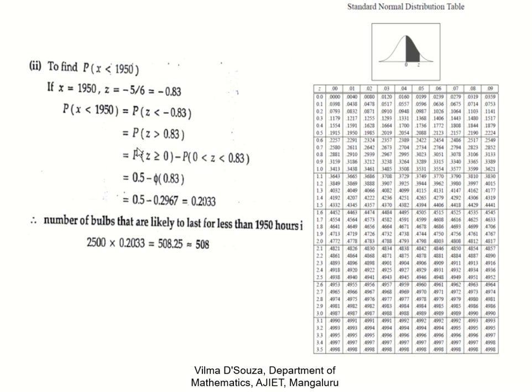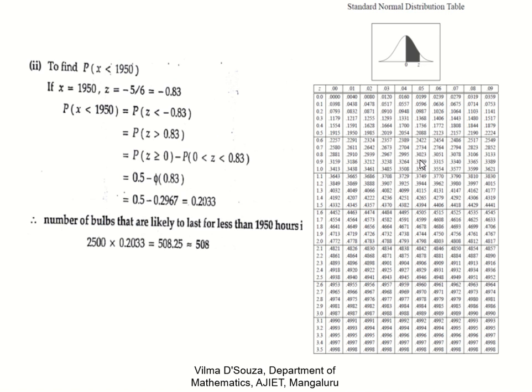Right? And this is 0.5. Probability of z greater than or equal to 0 is 0.5, as you already know. And probability of z from 0 to 0.83 can be denoted as phi of 0.83. So 0.5 minus phi of 0.83. What is phi of 0.83?